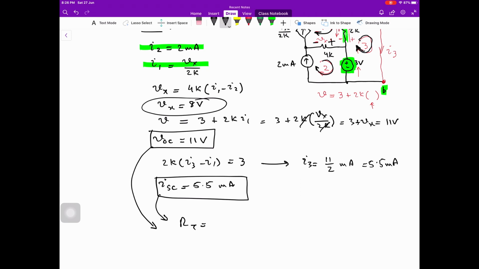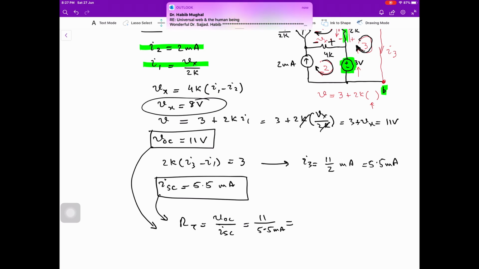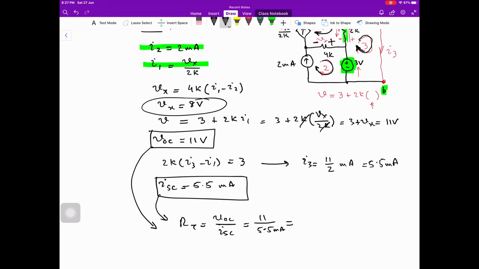Therefore, the Thevenin or Norton equivalent resistance is V open circuit divided by I short circuit, and this is 11 over 5.5 milliampere, which is equal to 2K. 11 divided by 5.5, straightforward, this is equal to 2K.